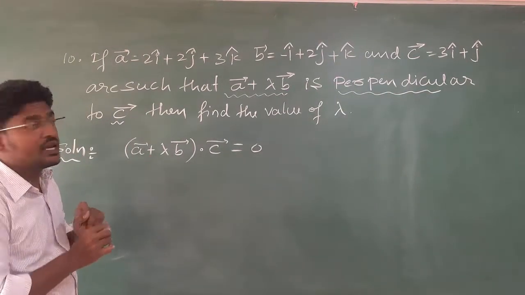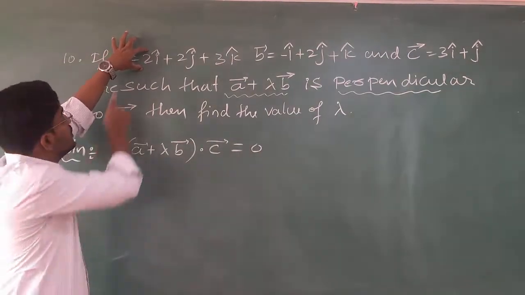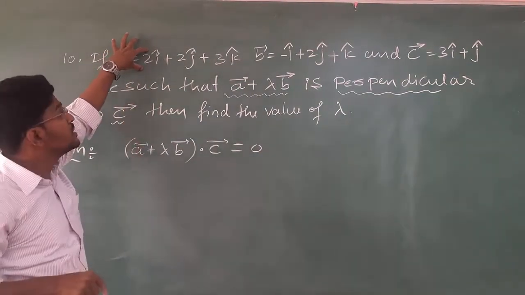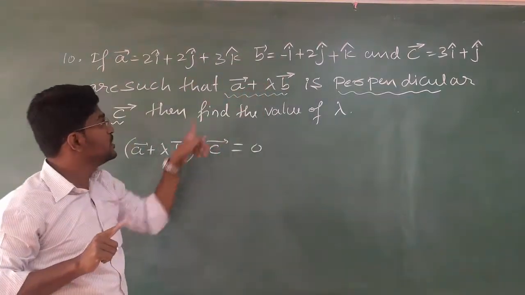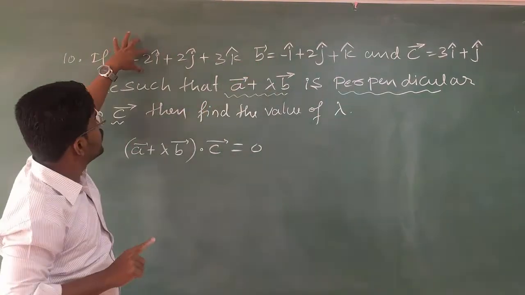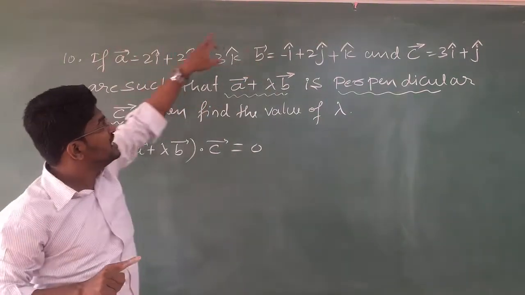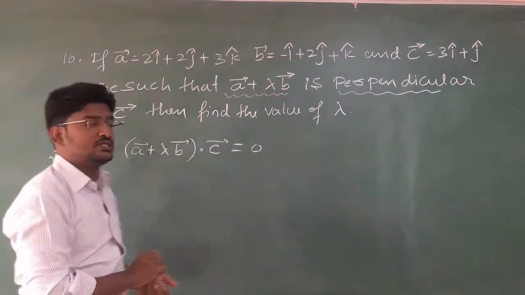Now what will happen? This 2 plus, here you have minus lambda because lambda is multiplied for that B. So you are going to have 2 plus multiplied with minus. Plus is multiplied with minus, what you are going to have? Minus. Clear?